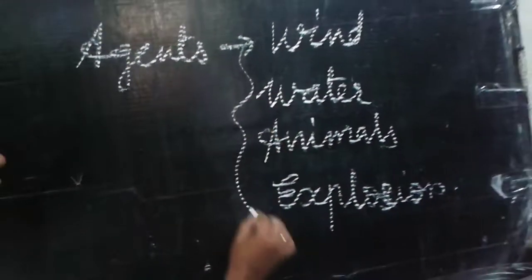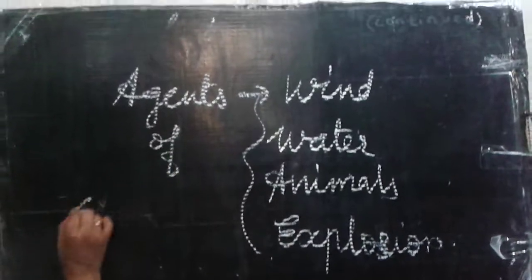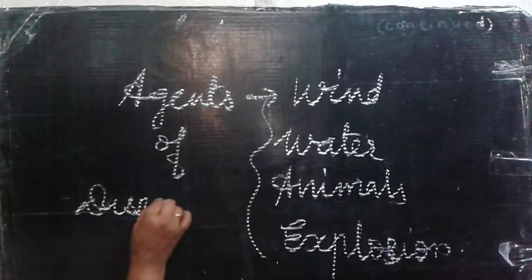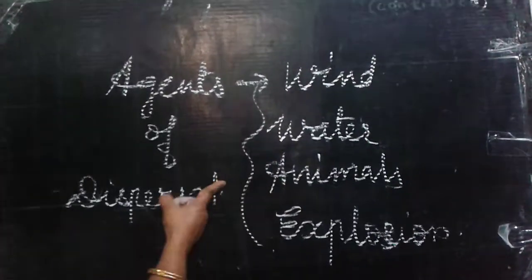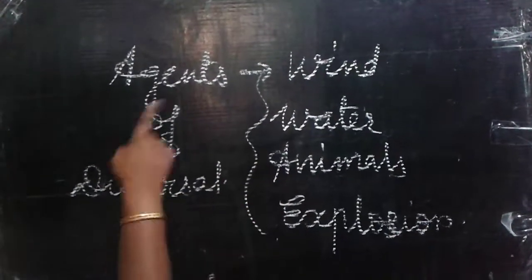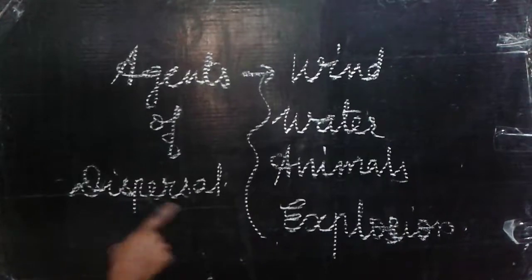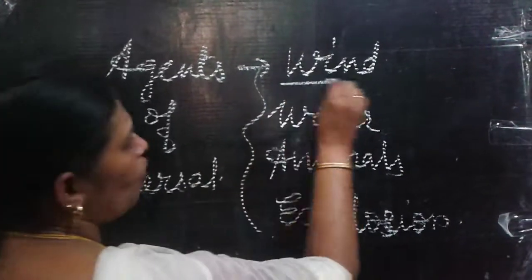These are the agents of dispersal. Now I will explain one by one how each helps in dispersal. Now first, wind.